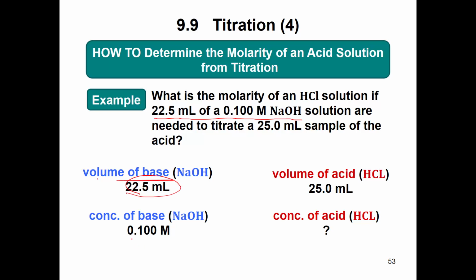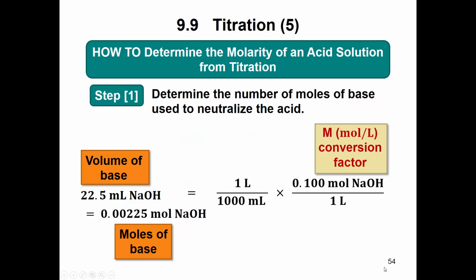The concentration of the base is 0.1 molar, and that's the same thing as 0.1 moles of sodium hydroxide per liter of solution. The volume of the acid they give you is 25 milliliters. So the only thing you don't know is the concentration of the acid.